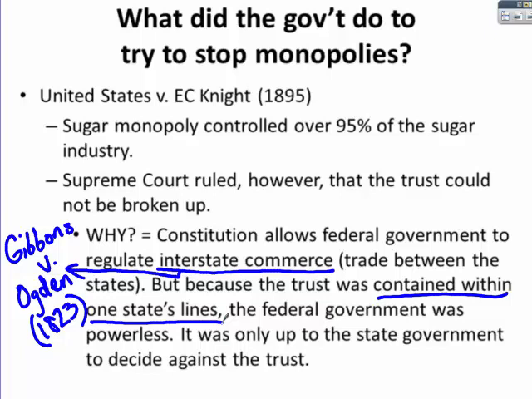Inter would be playing others. So trade, interstate, is between multiple states. Intrastate commerce is within one state. And that is the big difference between Gibbs versus Ogden and U.S. versus E.C. Knight. These are two court cases that in an essay, for example, you could compare and contrast.